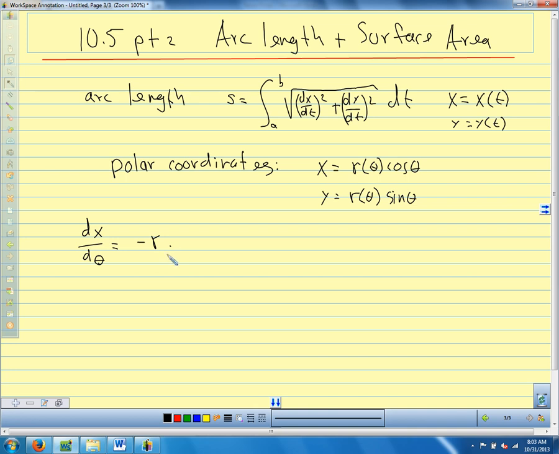So we get minus r sine theta plus r prime cosine theta. And dy d theta, I'm just going to use the product rule again. We get r cosine theta plus r prime sine theta.